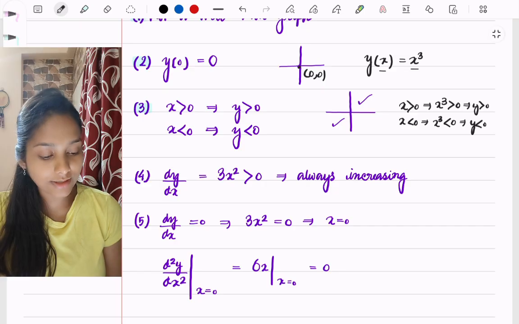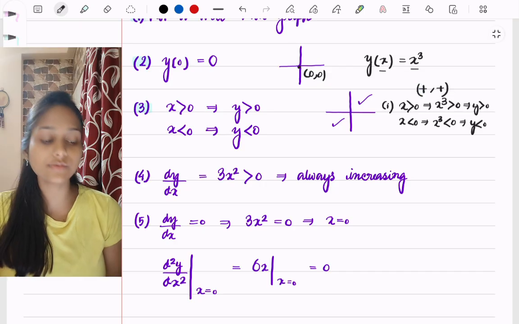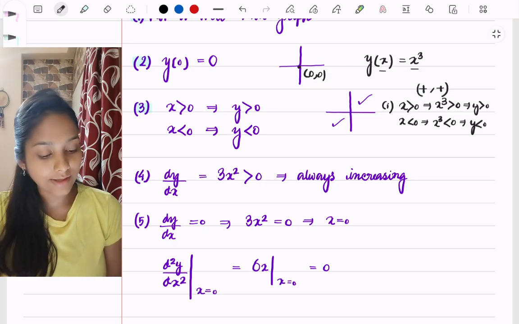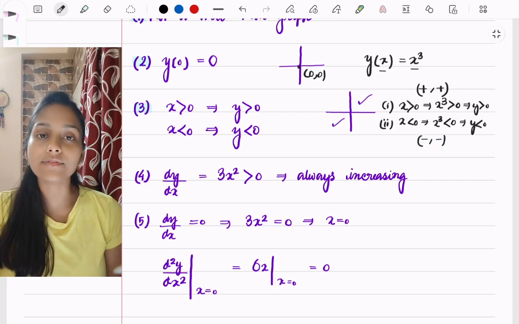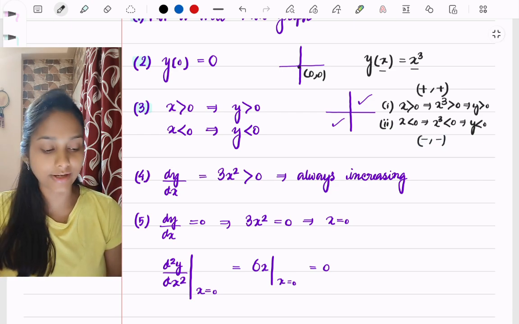In this first case, x is positive and y is also positive, and in this second case we have x negative and y also negative.